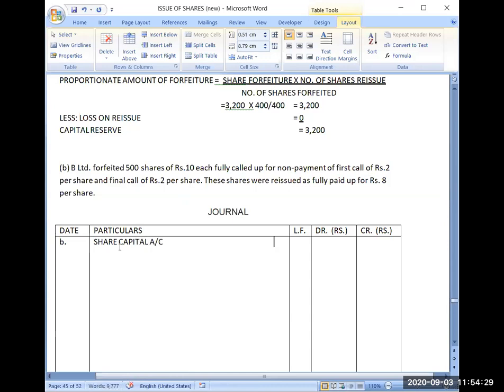Equity share capital account debit to equity share first call account. Rupees 2 per share has not been paid on first call. 500 shares are there. It will become 1,000.